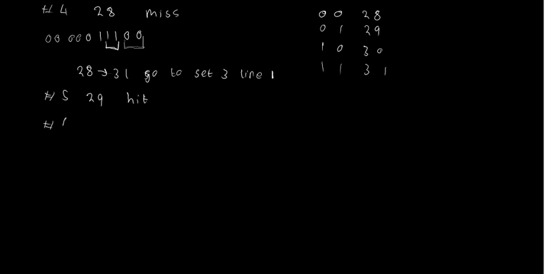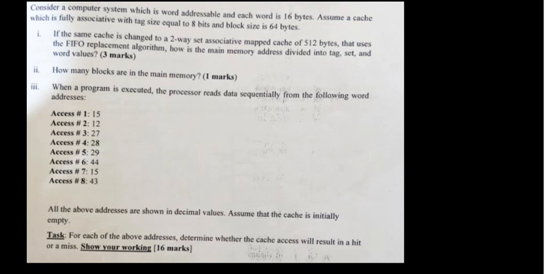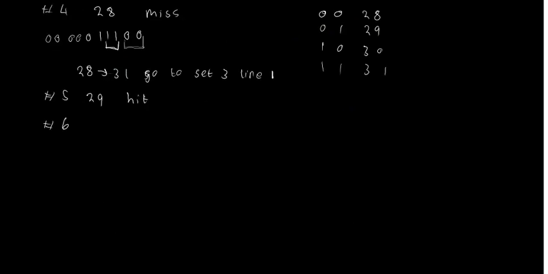Access number 6 is 44. 44 converting into binary is just 1 0 1 1 0 0. It's going to be 12 plus 32. Yeah. Then 1 2 3 4 5 6 7 8 9 10. So it's that in binary.